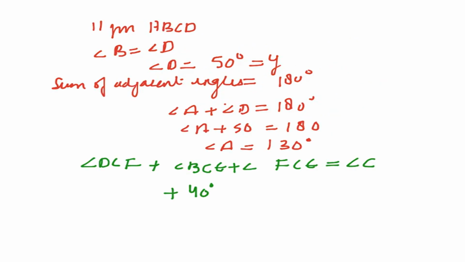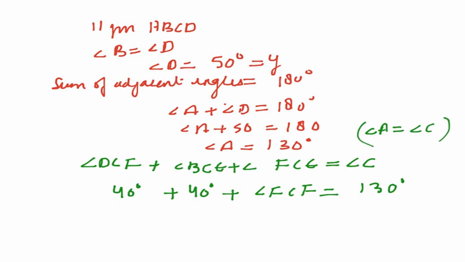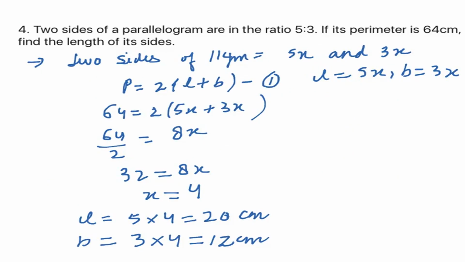So here we can put this value, FCD or DCF is the same thing, that is 40 degree, and we will find out angle FCE. Angle C is 130 degree, as angle A and angle C are equal, the opposite angles of a parallelogram. Now we can find out this value, angle FCE.